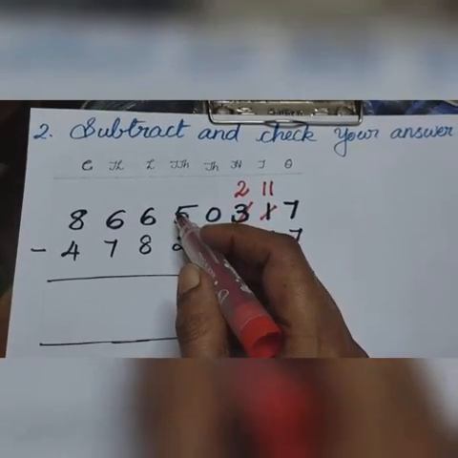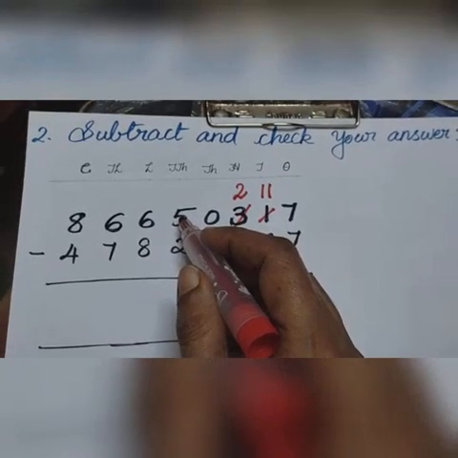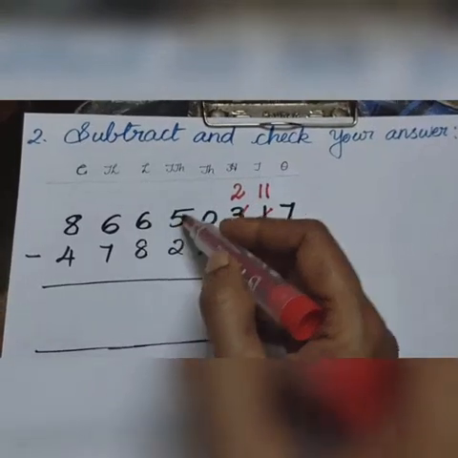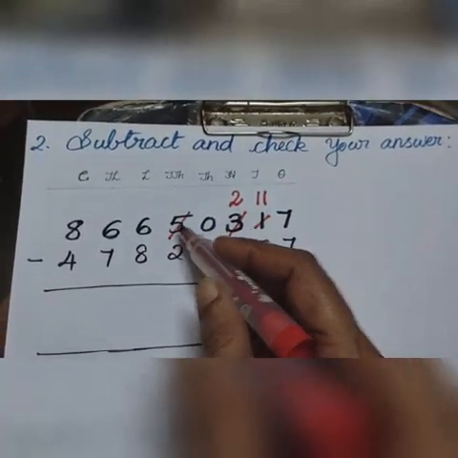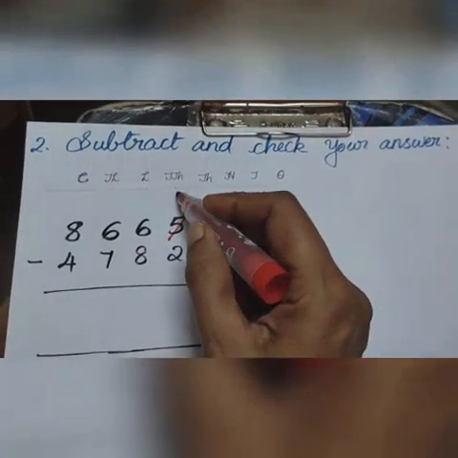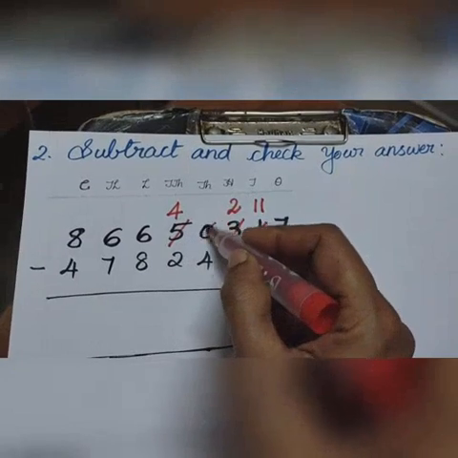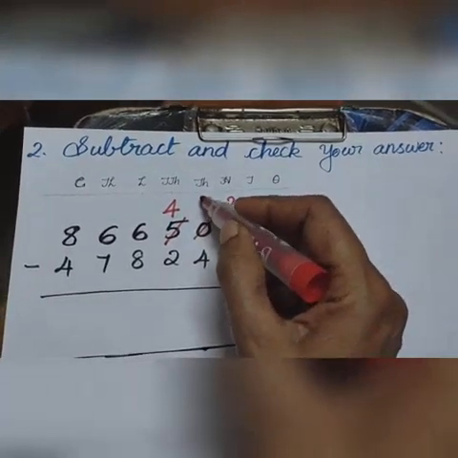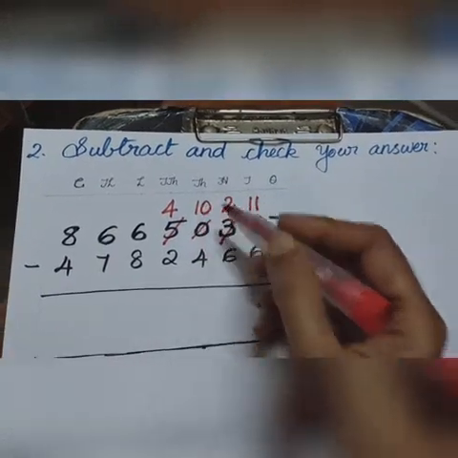Okay children, so in 10,000s place there 5 is there, is it not? So from there we have to borrow 1. So 1 left from 5, therefore that one we can join here, so there 0 becomes 10.